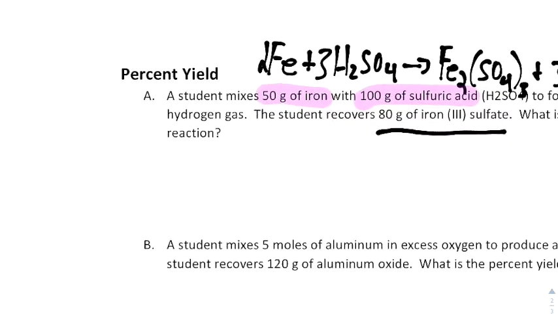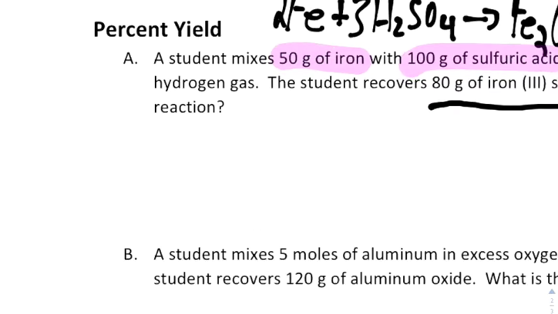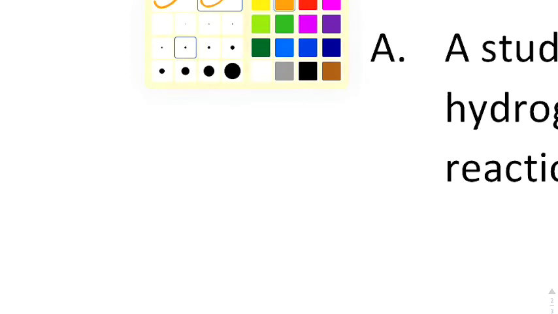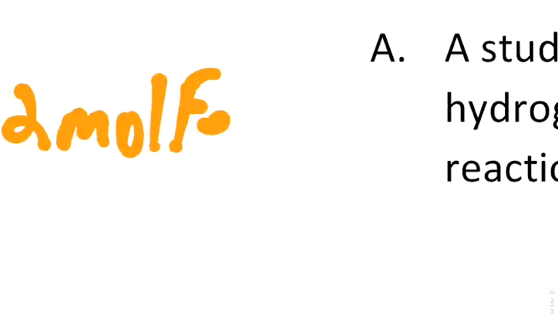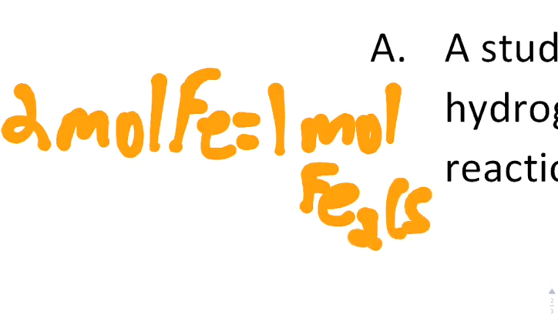So we'll go ahead and start by converting that 50 grams of our iron to our iron 3 sulfate. Now when we look at it, we see that we have a 2-to-1 ratio, and so we're going to start with that conversion factor. So 2 moles of iron for every 1 mole of iron 3 sulfate.